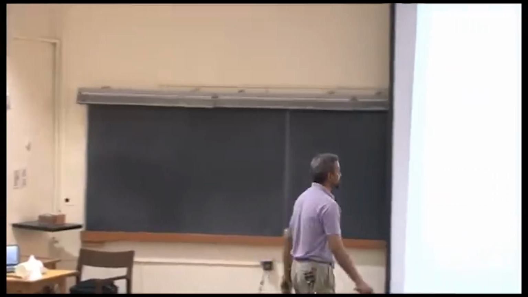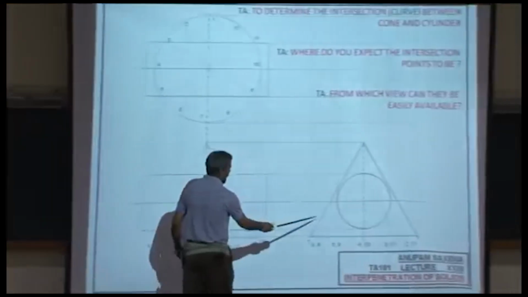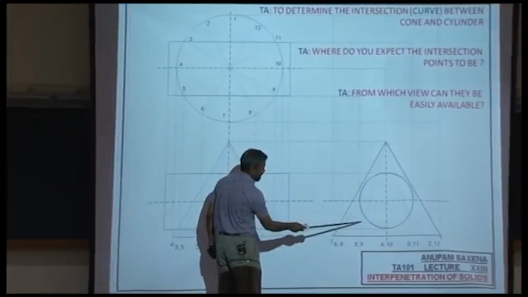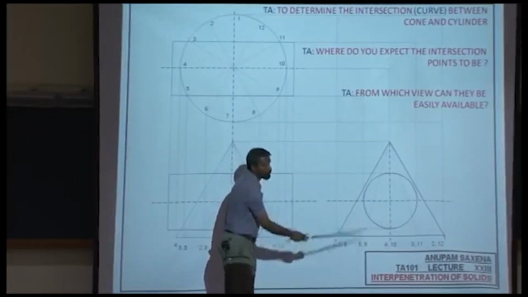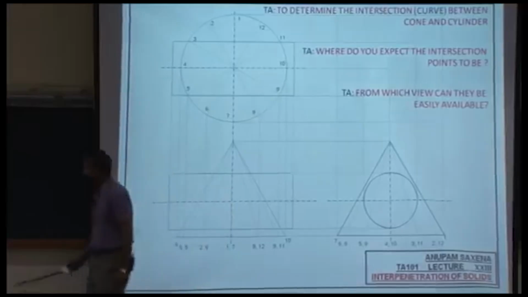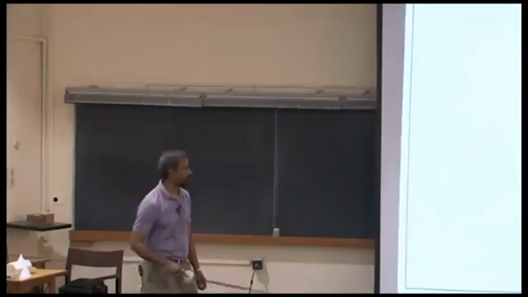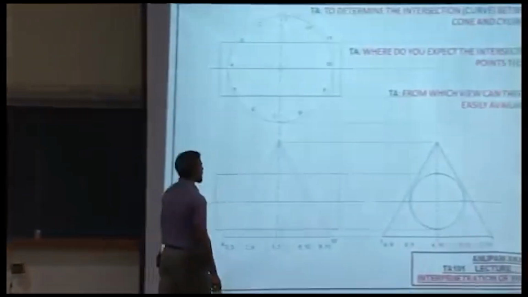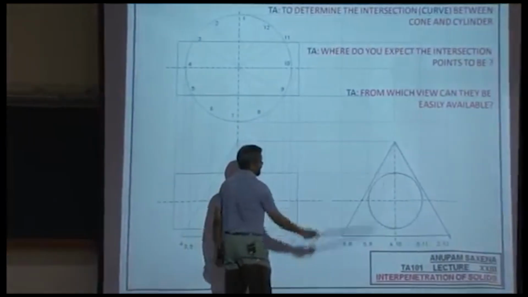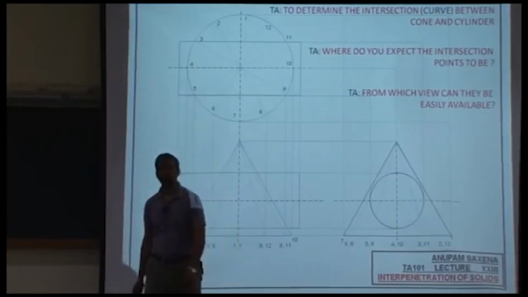All right, so your intersection points are going to be the intersection between these lines, which represent the slant surface of the cone, and of course the circle. Okay? All right. Your first point of intersection will be here. Okay, what is this point?